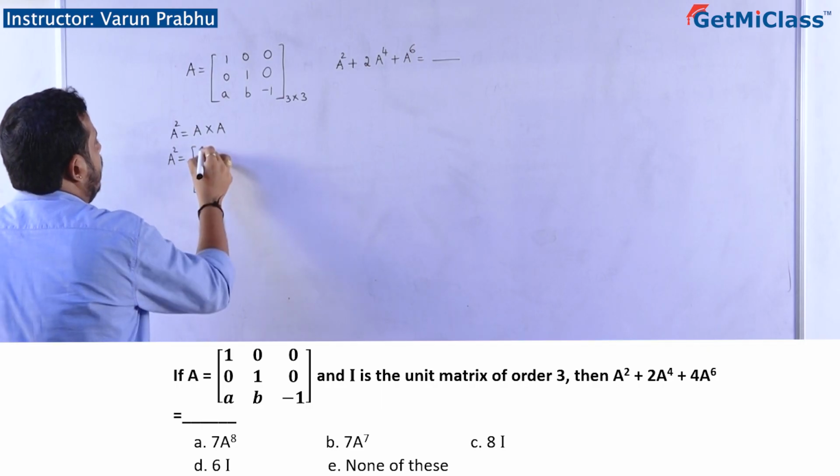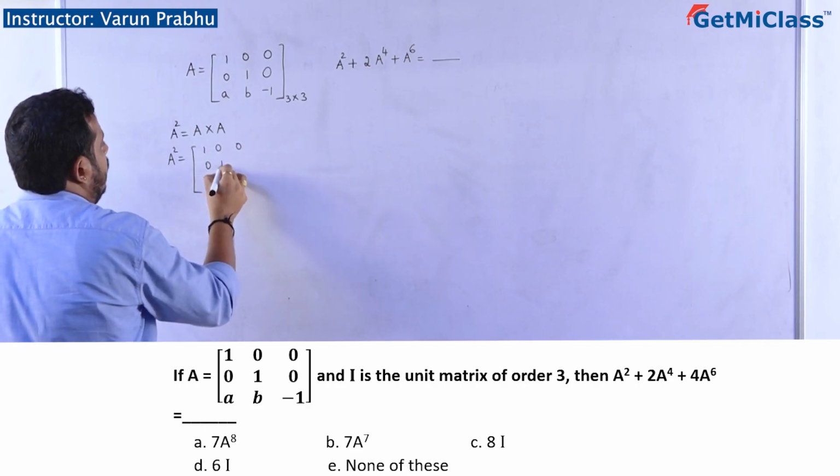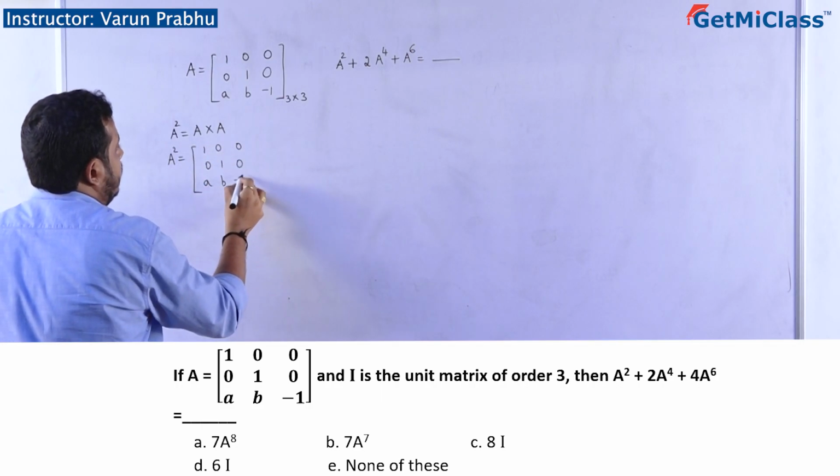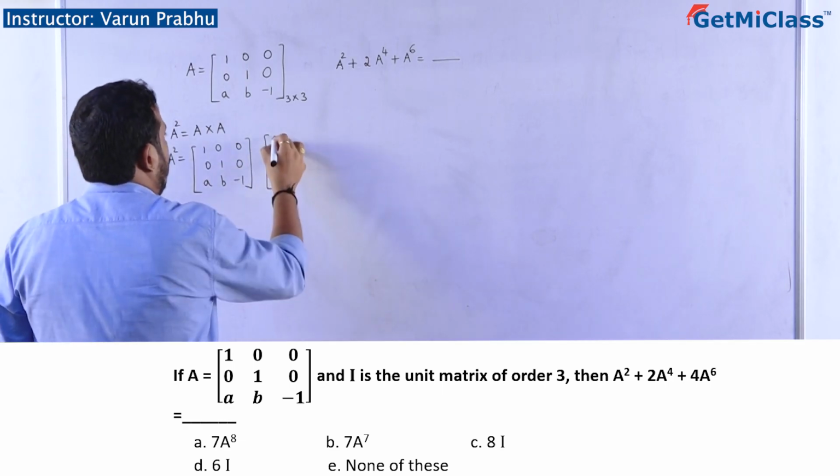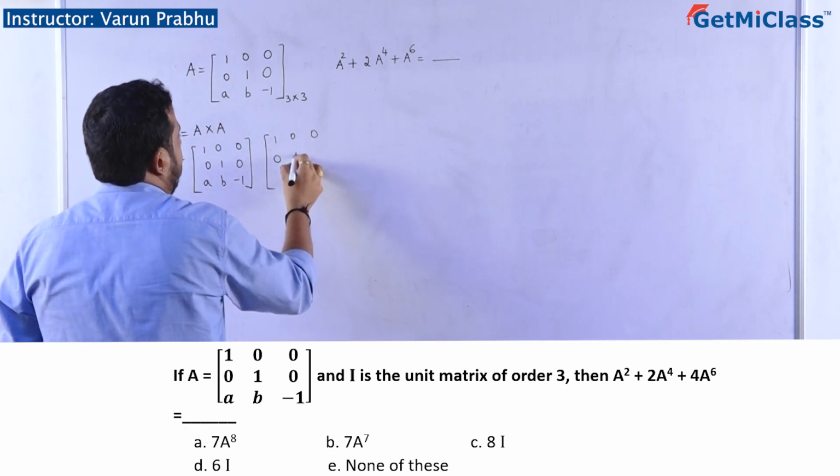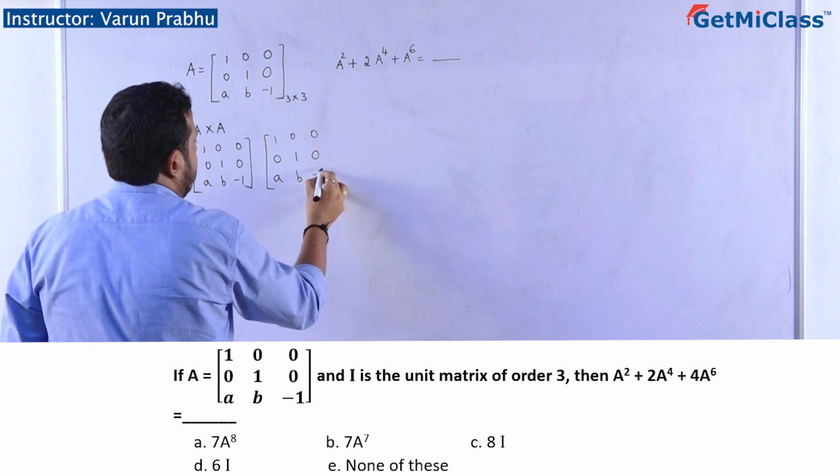A square will be equal to 1 0 0, 0 1 0, A B minus 1, into 1 0 0, 0 1 0, and A B minus 1.